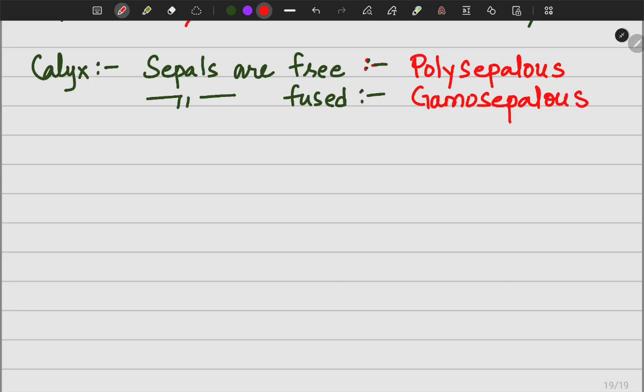Alright. Similarly, if we talk about the corolla, the petals could be free.